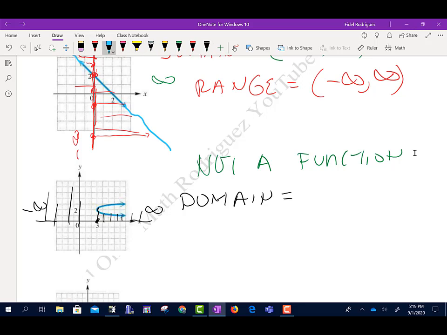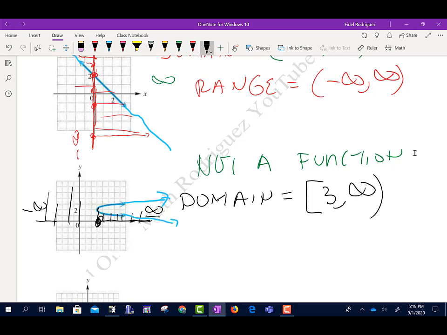Again, remember, guys, this thing is going to keep going like that forever, right? So on my x-axis, where do we start at? We start at 3, and we go all the way to where? To infinity. So just like we did our inequalities before, I'm going to go from 3 with a bracket to infinity.